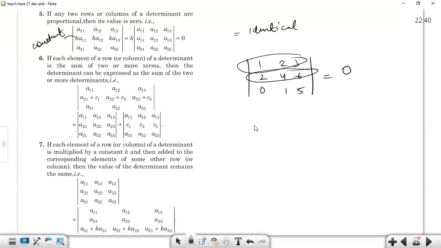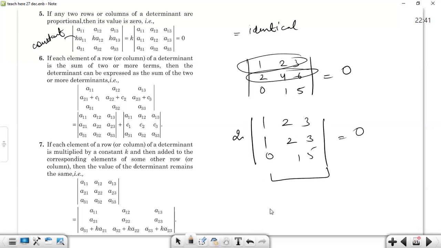Is everyone in agreement? So 2 by 2 becomes 1, 4 by 2 becomes 2, 6 by 2 becomes 3. Now, as per the property we discussed earlier, this has two rows equal, so 2 into 0, its determinant value will be 0. Hence, LHS equals RHS. Now, is that clear, everyone?